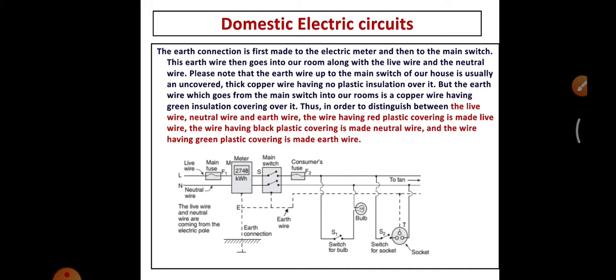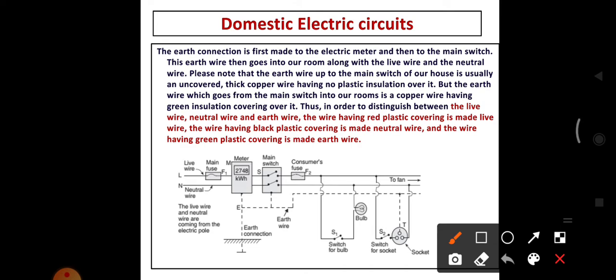The earth connection is first made to the electric meter. So here the electric meter is connected to the earth wire and then to the main switch, where the earth wire is connected. This earth wire then goes into our room along with the live wire and neutral wire.